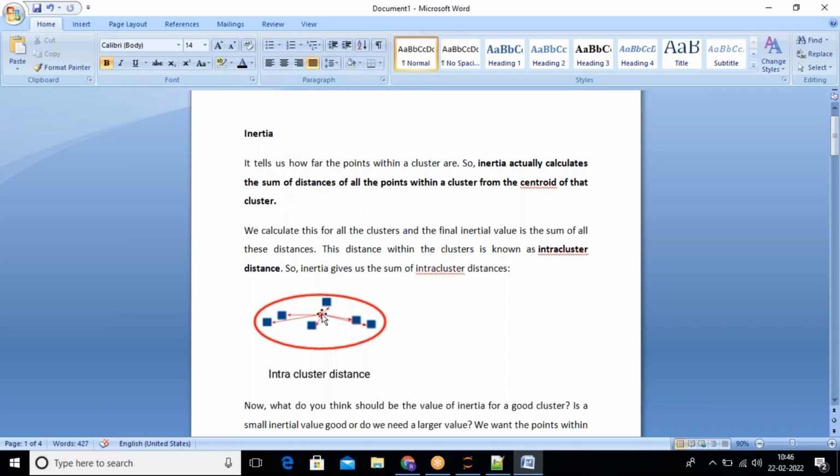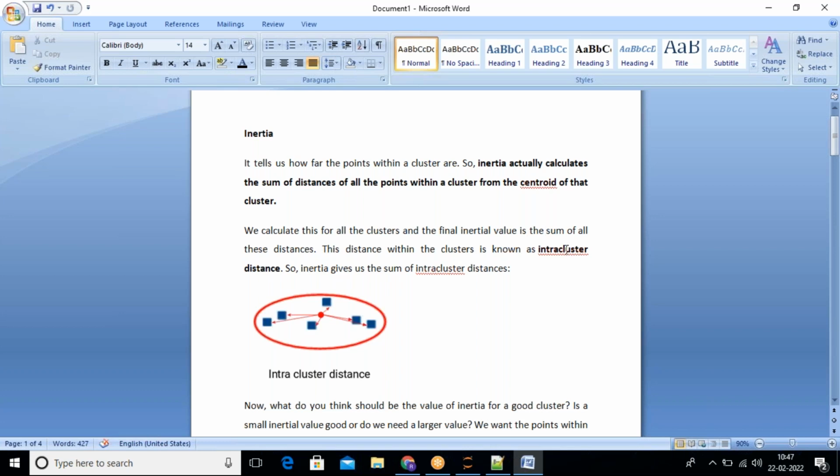If this red dot is the centroid and all these square boxes are the data points of that cluster, the sum of the distances of all the data points from that centroid within that cluster is termed as inertia. We calculate this for all the clusters and the final inertia value is the sum of all the distances.